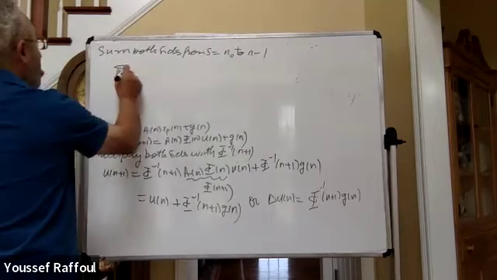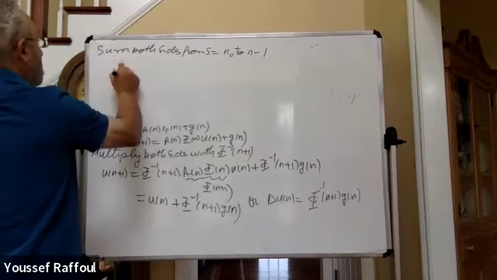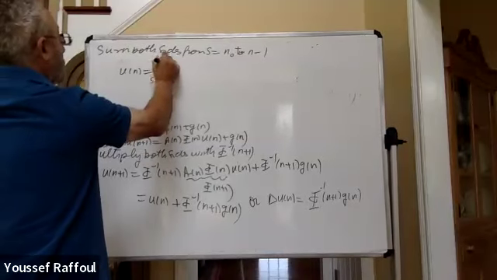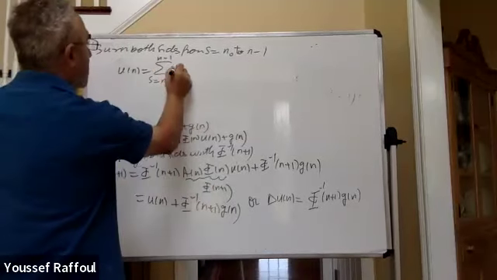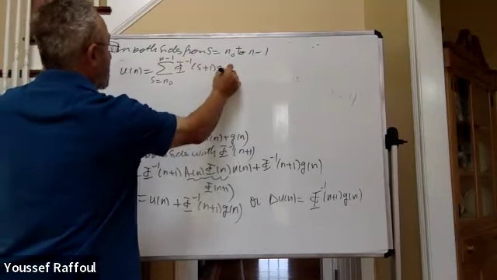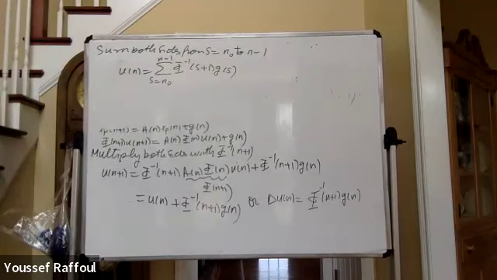So we're going to have u_n = sum from s = n0 to n−1 of φ^{-1}(s+1) g(s). That's good work.